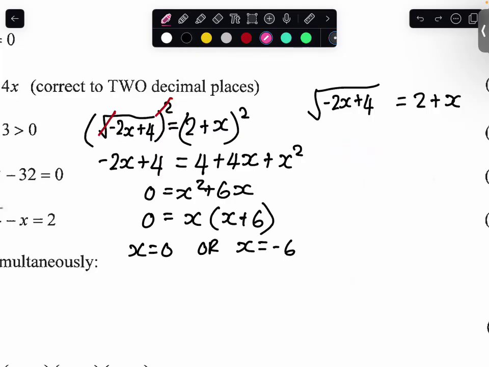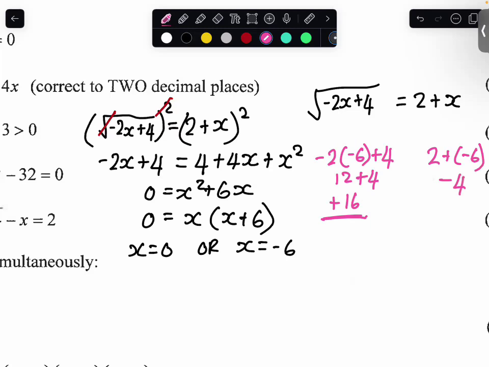Okay, let's test the next solution, the minus 6. If I go minus 2 and I sub x to be minus 6 plus 4, this gives me negative 2 times negative 6 is a positive 12 plus 4, which gives me a positive 16. That's fine. But when I test the answer to the root, 2 plus minus 6, this gives me a negative 4.